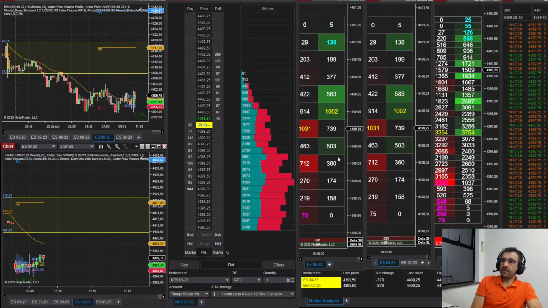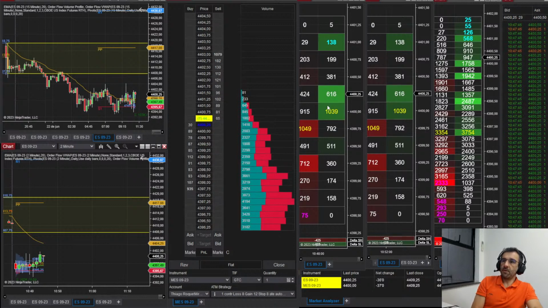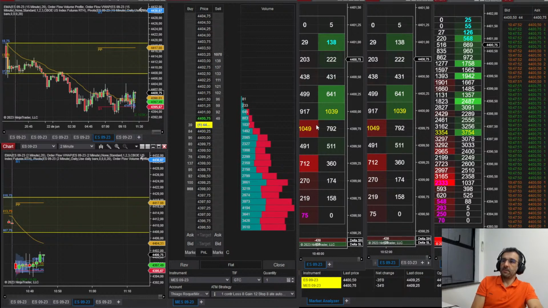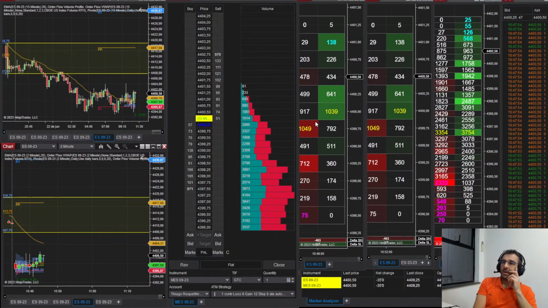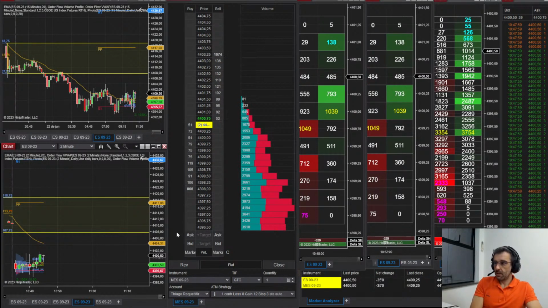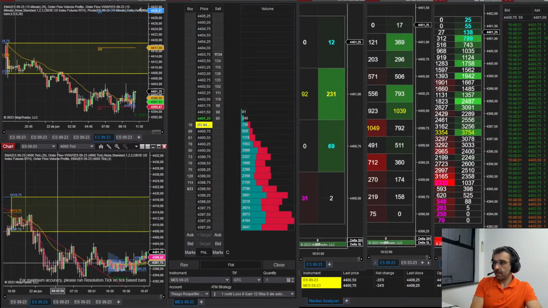But at least at this time, price didn't fall quickly. It finds support here, buyers defending here, so now we could maybe see something happening.